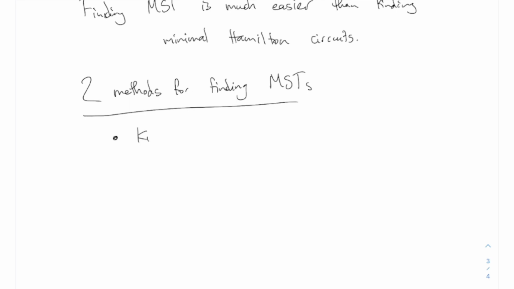But the first one is called, although I do like the names of both of these people, Kruskal's algorithm. I know essentially nothing about these two people. Kruskal's algorithm was invented by Kruskal in the 1950s. I'm going to try not to refer to this as Kruskal's algorithm too much, just because that's not very descriptive of what it is and how you do it.